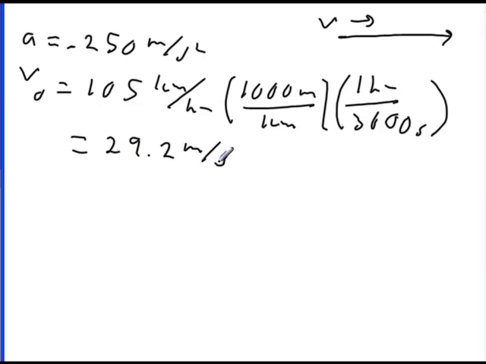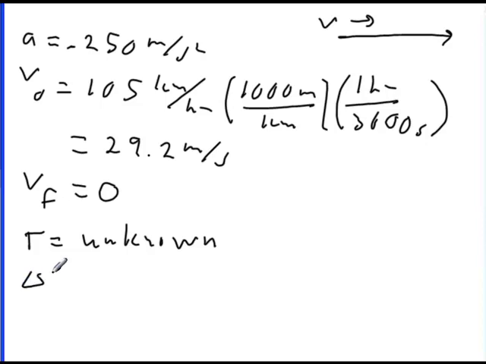Just a little faster than the 60 miles per hour we were using in the previous problem. The final velocity, well, that we know too. When we're done with the crash, we're going to be stopped, so the final velocity is 0. We do not know the time. It's not really what we're after. What we are after is the distance, or the displacement, delta x.